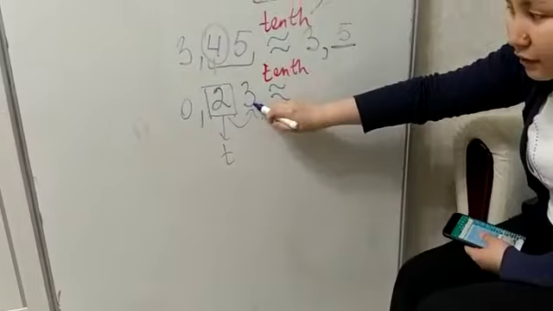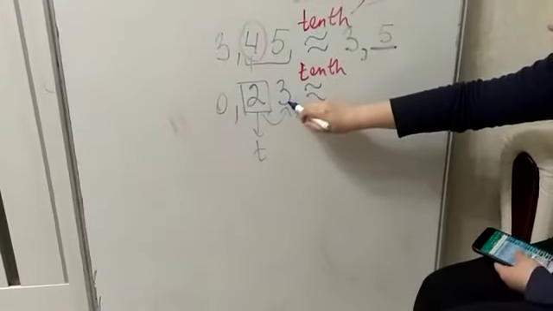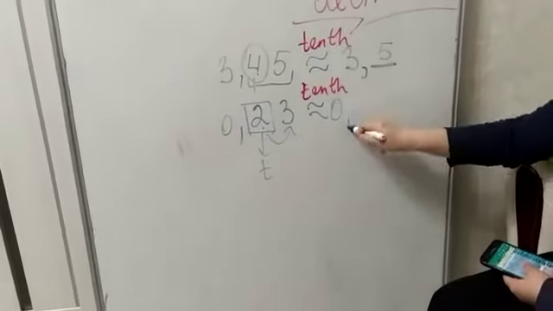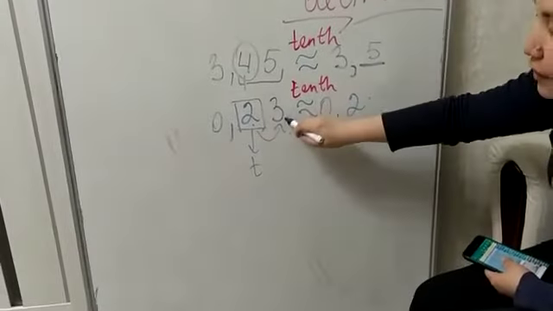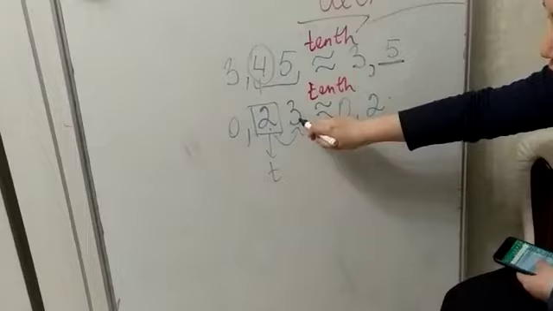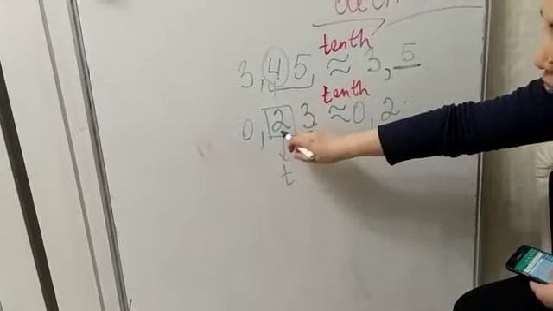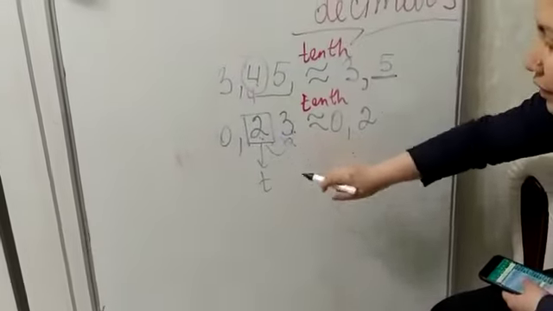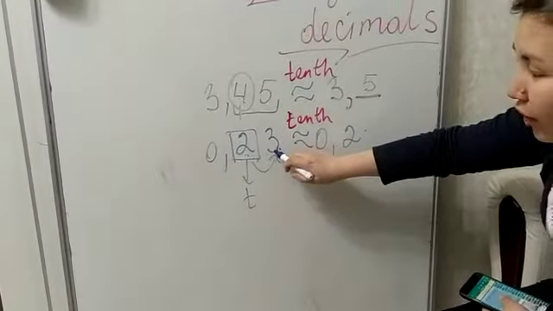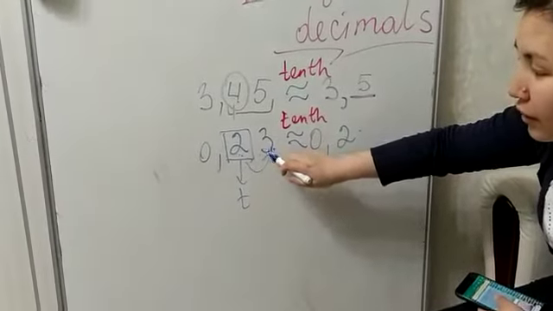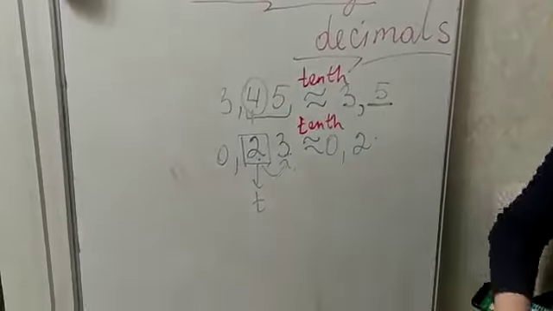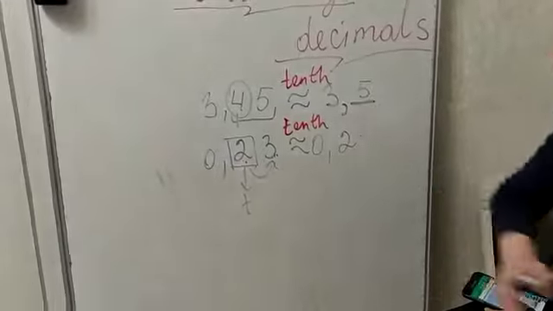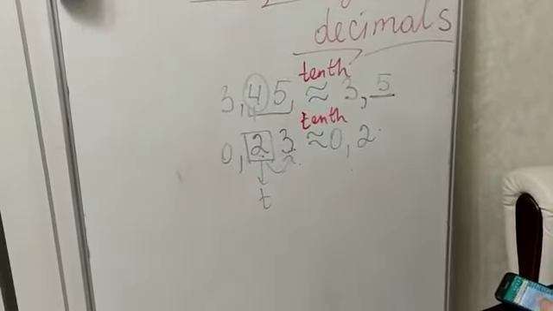If 3 is less than 5, then 3 cannot help the 2, so we write just 2. If it were 5 or bigger than 5, it could help the previous number and add 1. But in this case 3 is not equal to 5 and not bigger than 5, so 3 cannot help its neighbor. So we have now rounded the number to the tenths.